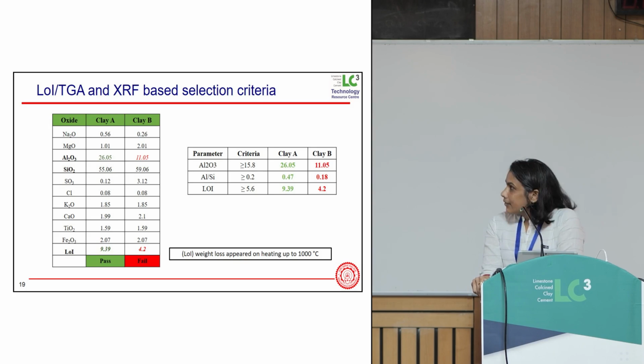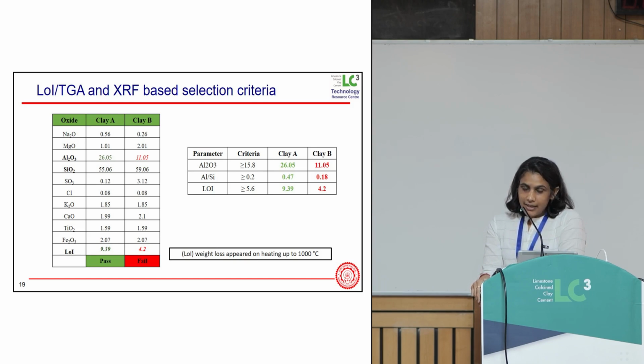So here I have displayed the chemical composition, LOI of two clay samples, clay A and clay B. For clay A, the alumina content is 26.05, which is greater than 15.8. Okay, it is qualifying the first criteria.